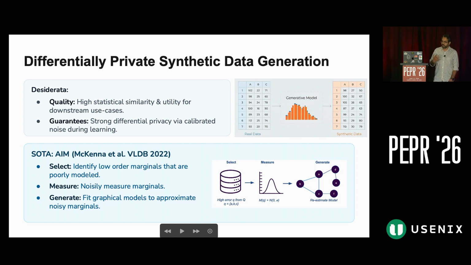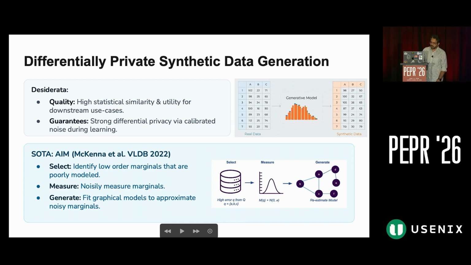In order to learn from this data set, often measuring low-order marginals or histograms is sufficient. That's the key insight. If you can measure a lot of low-order histograms, then you can stitch them together using these probabilistic graphical models that will give you synthetic data, right?